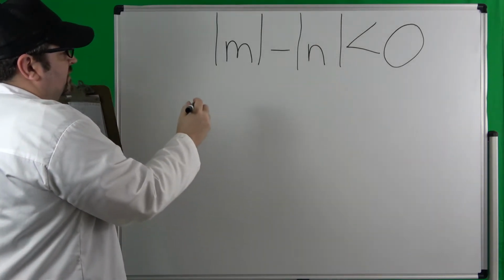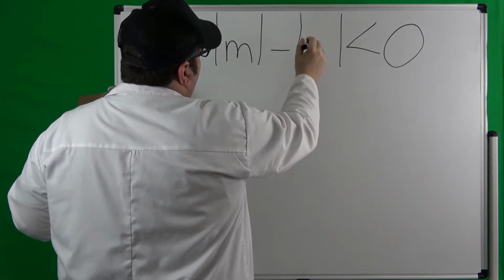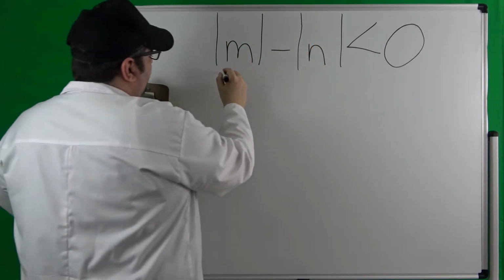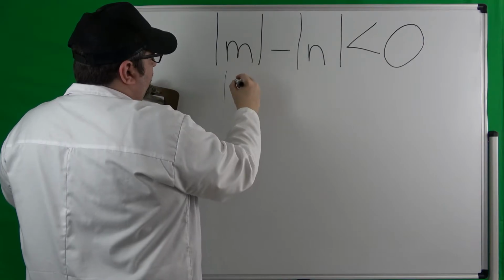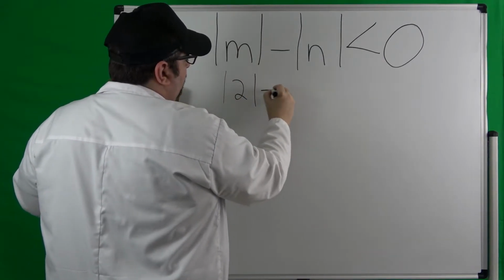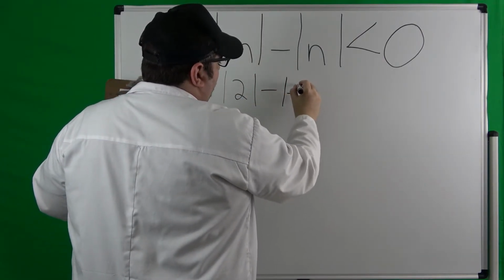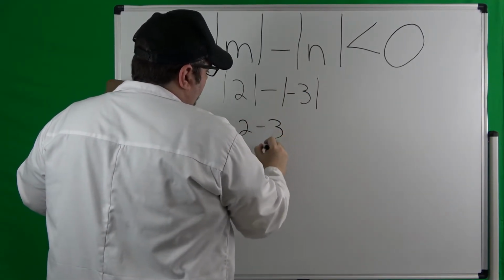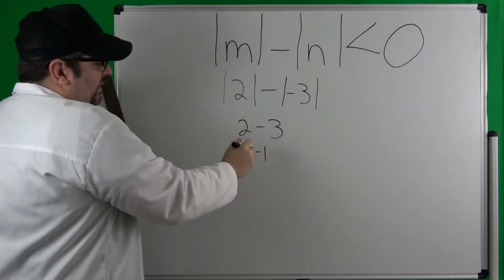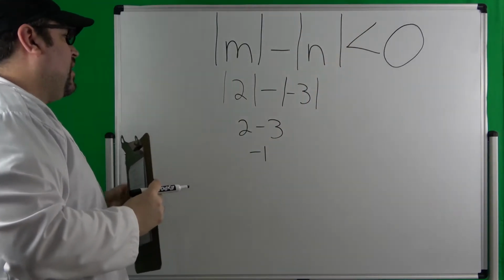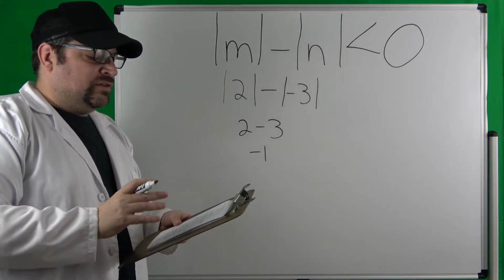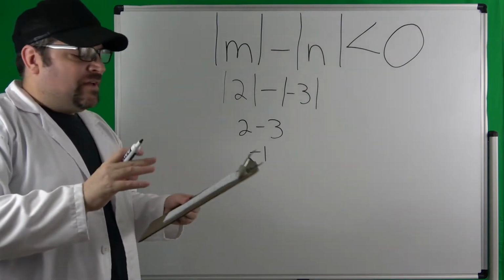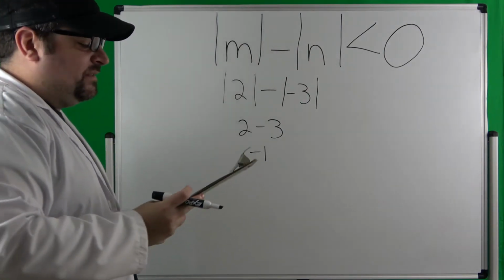You know, for instance, if n was -3 and m was 2, we'd get the absolute value of 2 minus the absolute value of -3, which would be 2 minus 3, -1. And that is less than 0, right? So the options where it talks about n is positive or both of them are negative, no, you can go ahead and mark those out. That's not true.